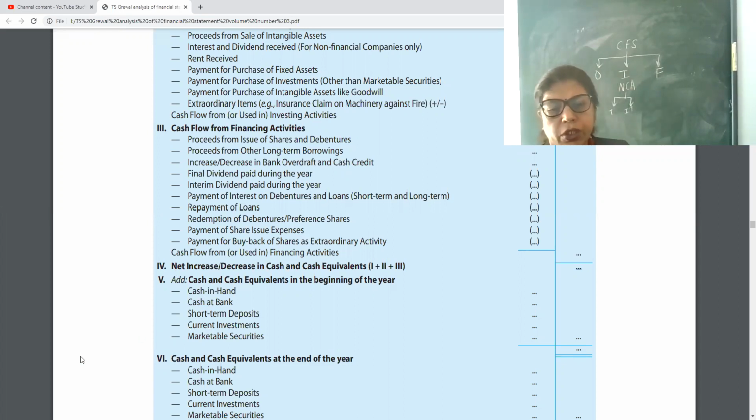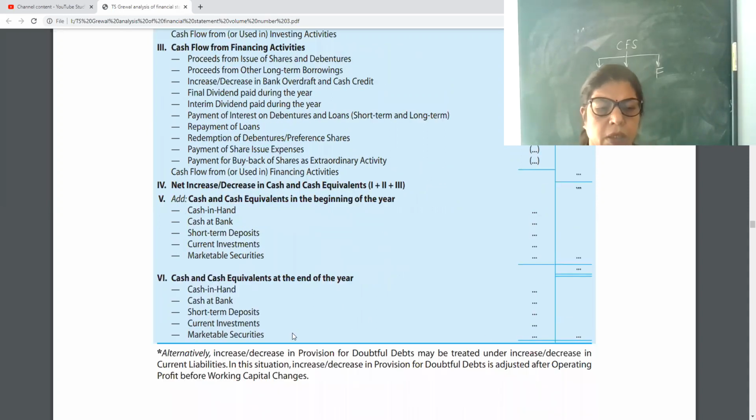Don't include bank overdraft here. That is in financing activity, I told you about that. So all these are cash and cash equivalents and should be added. When we add the opening balance to the net change, the answer will be closing cash and cash equivalents. Means at the end of the year how much cash and bank they have.